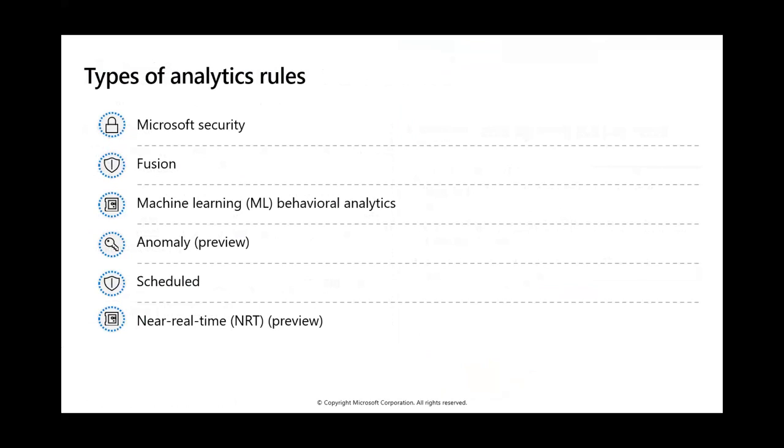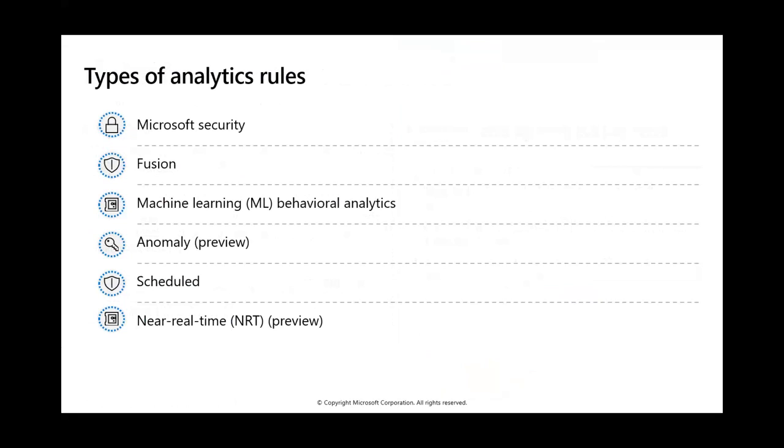Analytic rules have different types. With analytic rules, we can configure notifications and alerts based on data coming from the sources that are connected to Sentinel. We can search for potential threats by using the built-in analytic rules that Azure Sentinel Analytics provides.